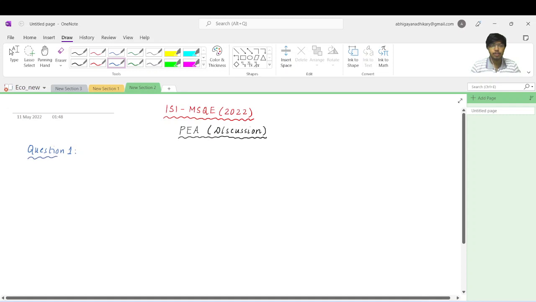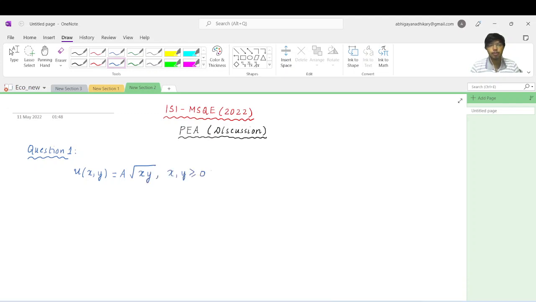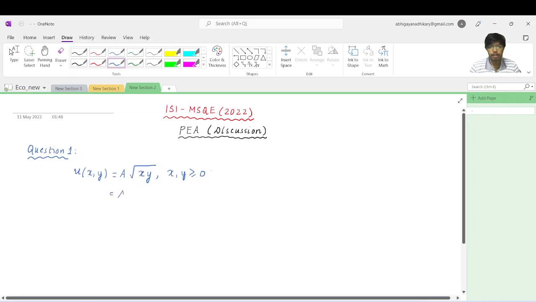So, over here you can see that the utility function has been given to be u of x comma y is equals to a into square root over x into y, where x and y are positive. So essentially this is a standard Cobb-Douglas utility, so we can simply write it down in this way: x to the power half, y to the power half.